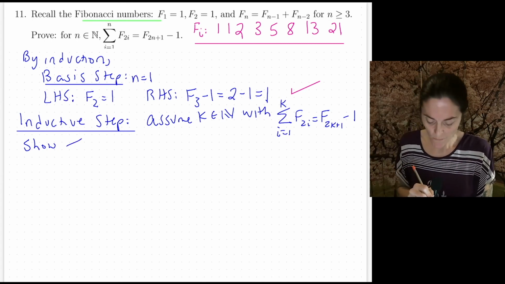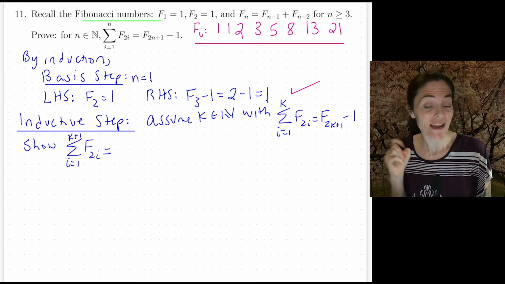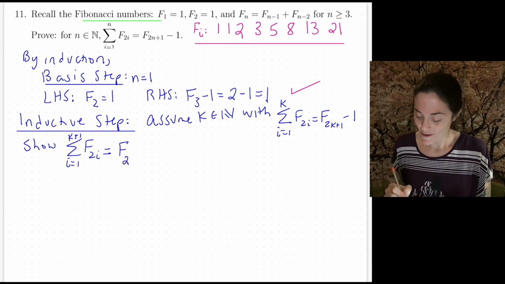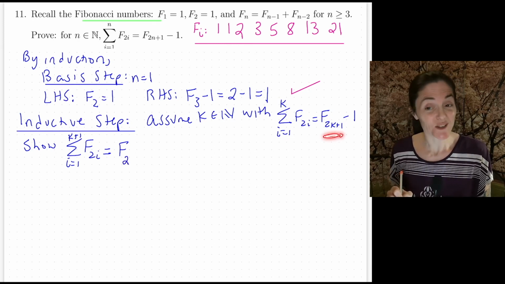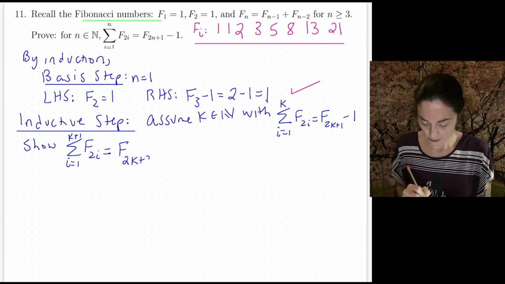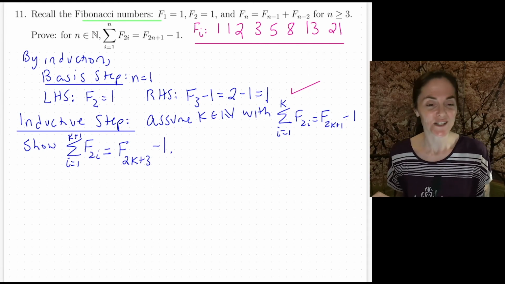And this would be if you add i equals 1 to k plus 1 of F2i, we get, well, the right-hand side for k plus 1 would be F2 times k plus 1 plus 1, which is 2k plus 2 plus 1, which is 2k plus 3, minus 1. This is what we want to show.